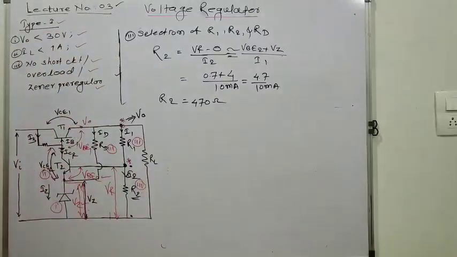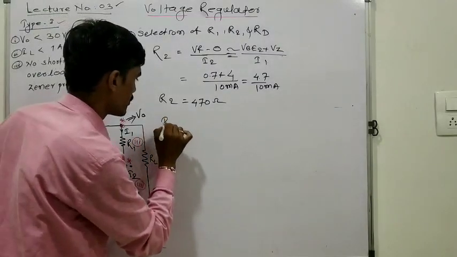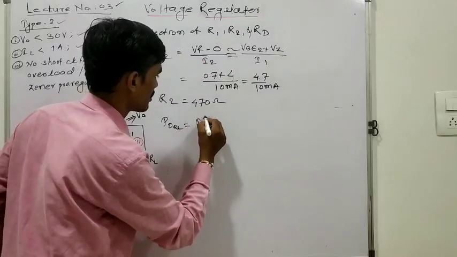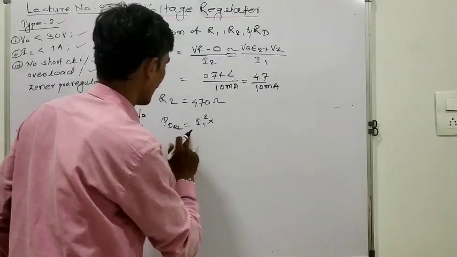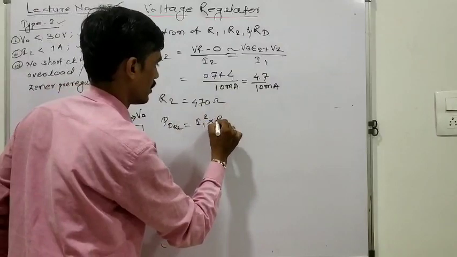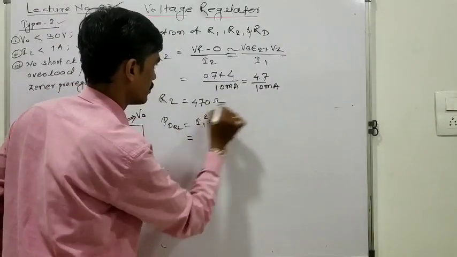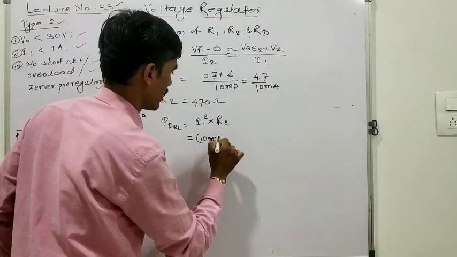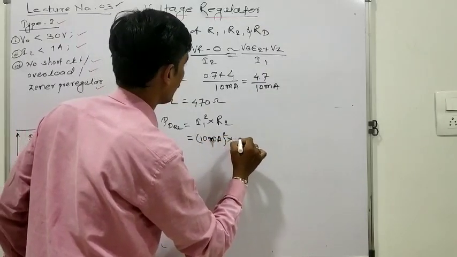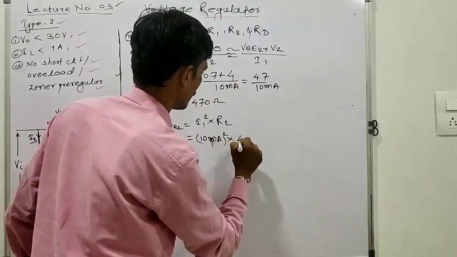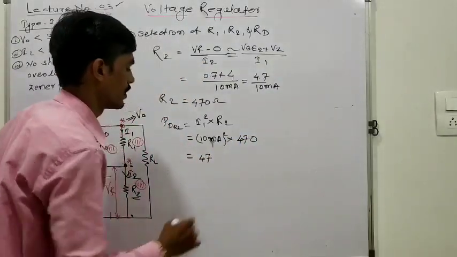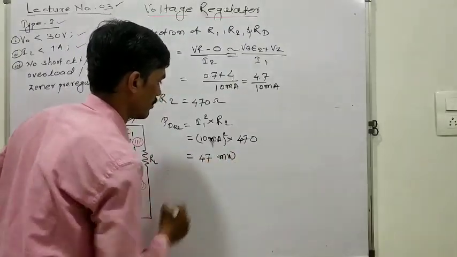The next part is to calculate the power dissipation across R2. It is I1 square multiplied by the value of R2. So 10 milliampere square multiplied by 470. So it is 47 milliwatt.